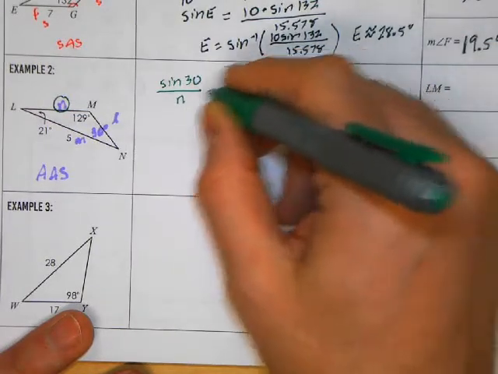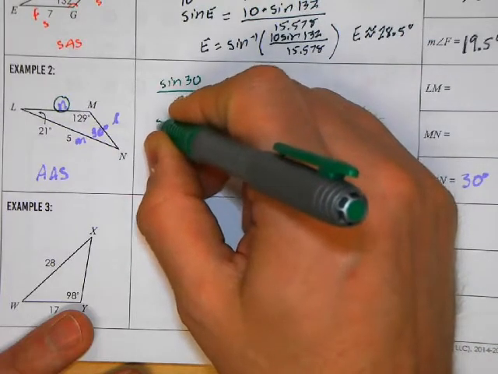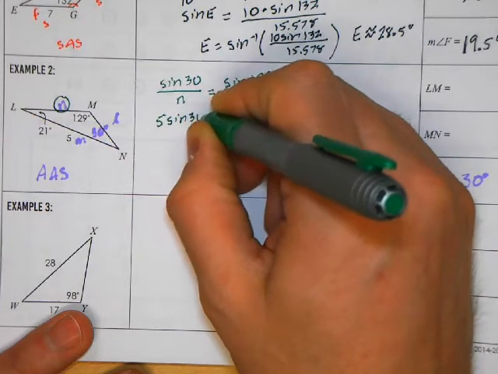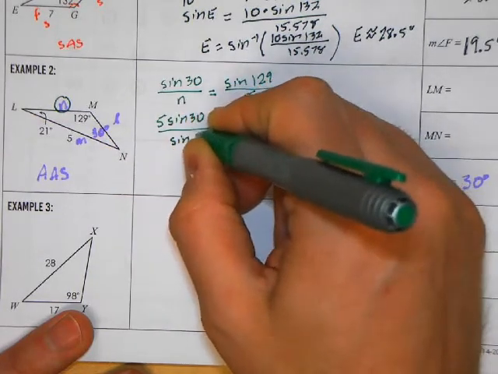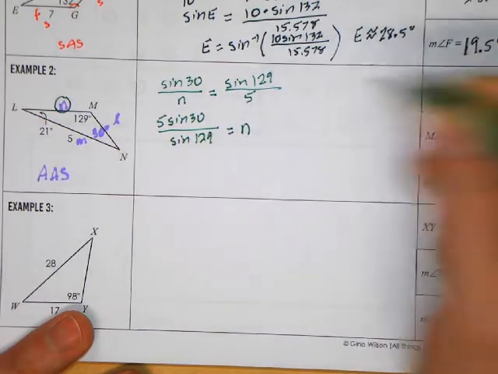When we cross multiply, we end up with 5 times the sine of 30 over the sine of 129 equal to the side we're looking for.